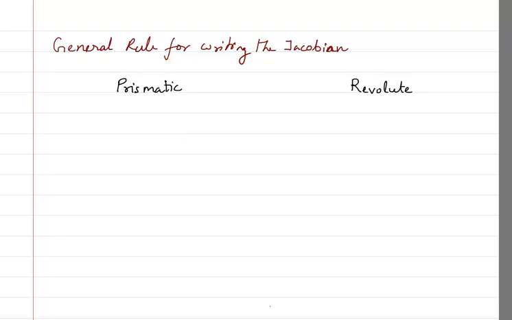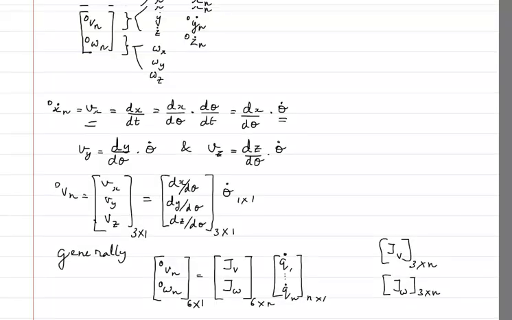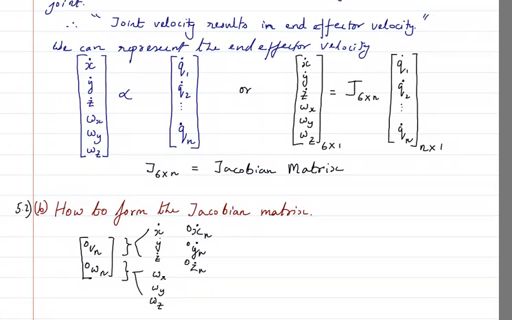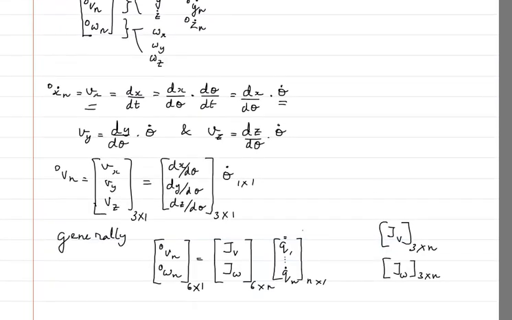You have to understand this very clearly: when we are talking about the Jacobian matrix, if I look at the matrix 6 by n or 3 by n, let's take JV. JV will have, as we told here, 3 rows and n columns.